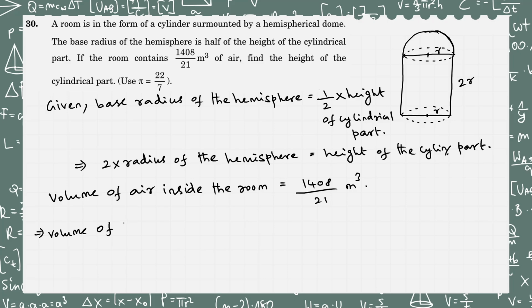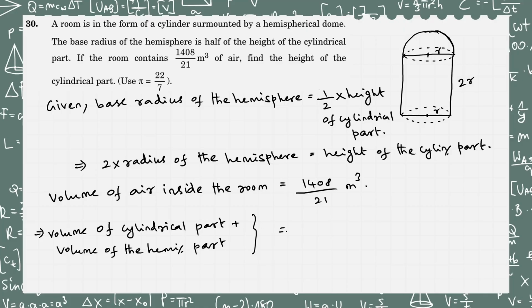So that implies volume of cylindrical part plus volume of the hemispherical part equal to 1408 by 21 meter cube, right?